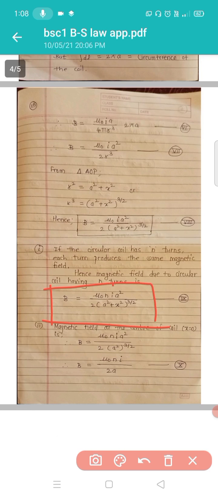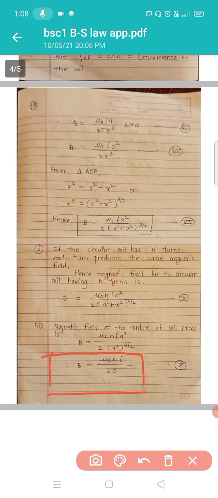Then the next case is the magnetic field at the center of the coil, which is given by the equation B is equal to mu naught N I upon 2a. Here x becomes 0.